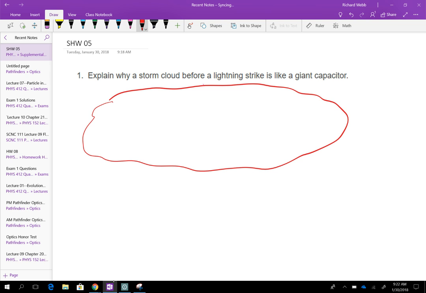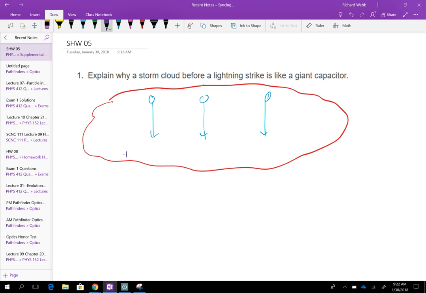You have ice that falls down, water that falls down. The interaction between the water and the ice, the rubbing as it falls, causes it to charge up, just like when you rub the amber rod with fur. And so you end up with the cloud having a charge separation.